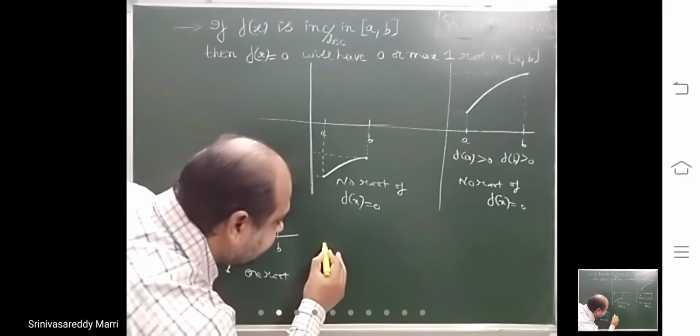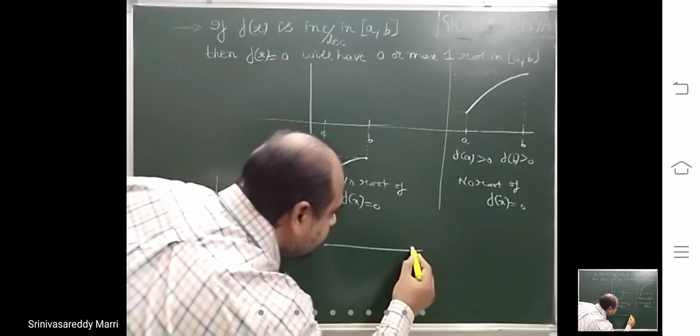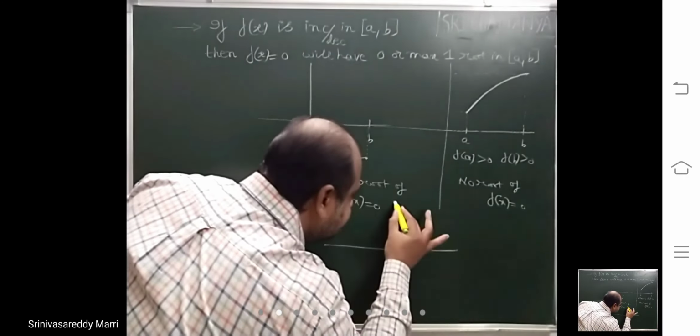Suppose look at next, decreasing. Suppose in decreasing case, suppose a is like this, b is like this, f of a positive here and f of b positive. So graph is here, decreasing. F of a is here, f of a will be more.